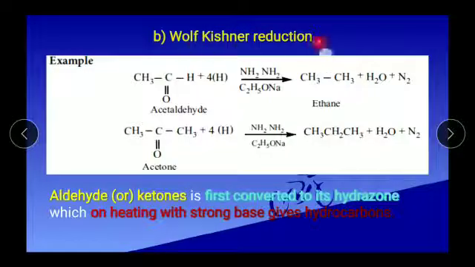In Wolff-Kishner reduction, the same examples are given: acetaldehyde becomes ethane, acetone becomes propane. Only the reaction condition changes, in the presence of NH2NH2, hydrazine, and sodium ethoxide. In this reaction, aldehyde or ketone first converts to its hydrazone, then on heating with a strong base, it gives the hydrocarbon. This is one of the reductions.